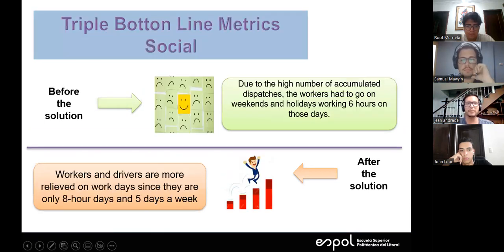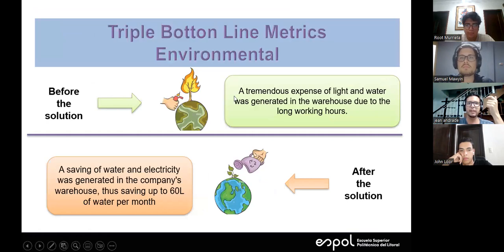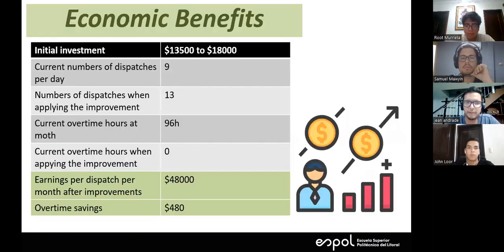From the social line, before the solution, we have a lot of overtime on the weekends and holidays. After the solution, we expect that we can work only 5 days a week and 8 hours per day. In the environment line, we can save a lot of energy and water, expected about 6 liters per month.